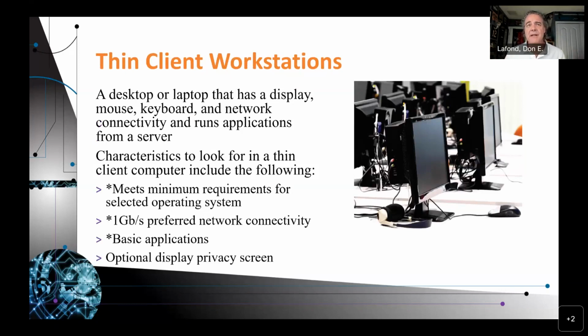That's what makes it a thin client. It's just a minimal computer that is running a virtual instance of whatever it is that you are running, the operating system and whatever programs you're running from a virtualization workstation. I hope that makes sense.